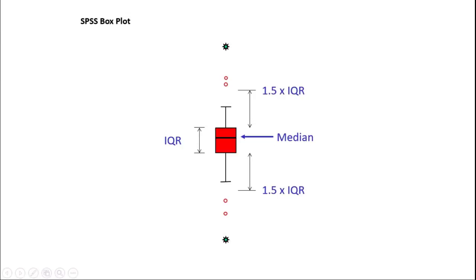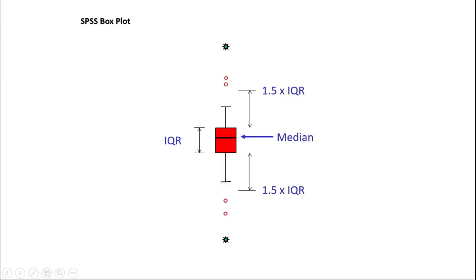And then we have this rule for where a value becomes an outlier. A value becomes an outlier if it's beyond 1.5 times the interquartile range from the upper quartile, and the same from the lower quartile.